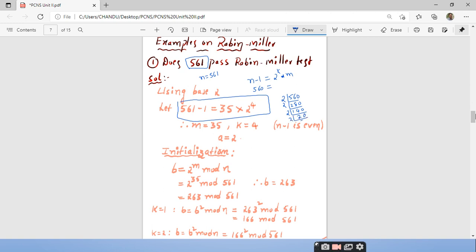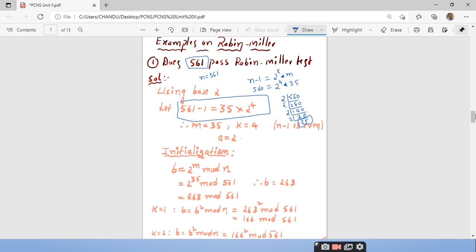Again divide by 2. It is 35. So I can write this 560 as 2 power, how many 2's are there? 4 into, what is the last one I have? 35. Is it clear how I can write this 560 as 2 power k into m?